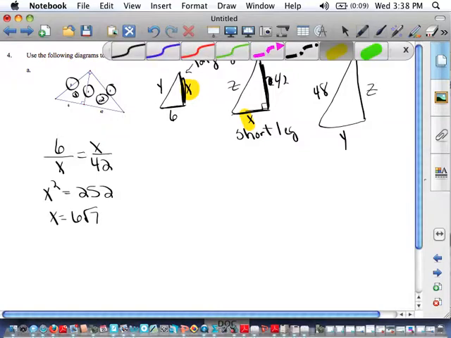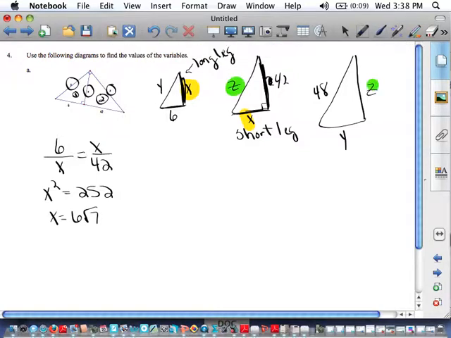When you're looking to find z, you're going to compare the medium-sized triangle and the largest triangle, and you're looking at the hypotenuse for this side and then the long leg for this side. So you're going to compare the long leg.